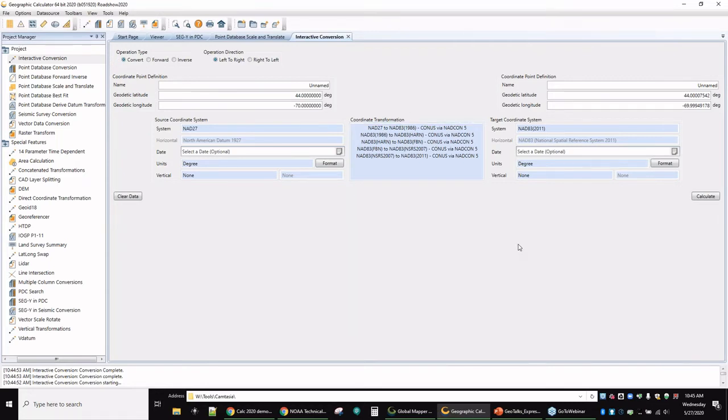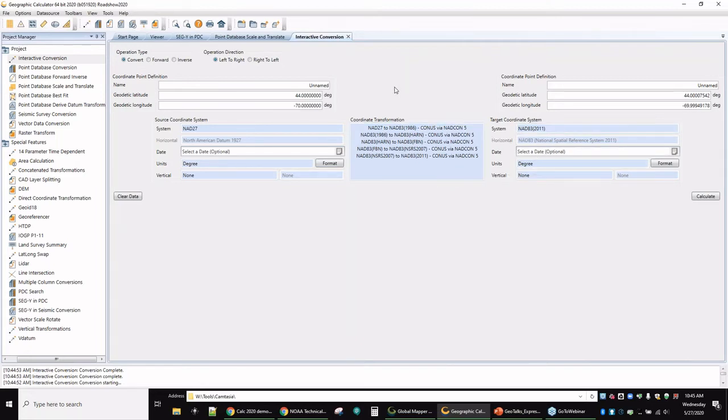So that is a major new piece that is laying the groundwork for those updated coordinate systems that we expect to see in 2022 here in North America. And just one note, NADCON 5 is also available in Global Mapper using the Geographic Calculator GeoCalc mode in there.